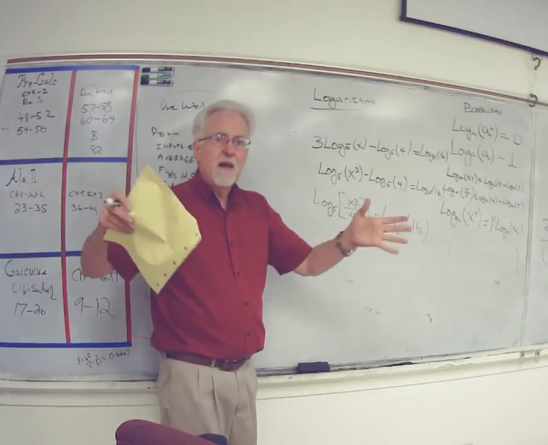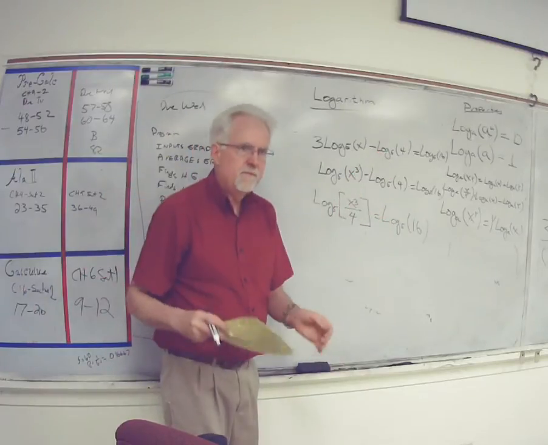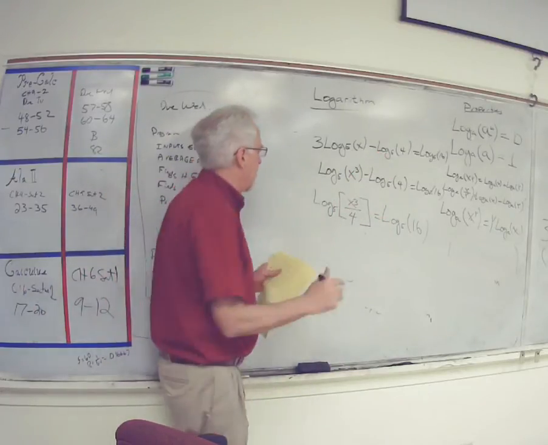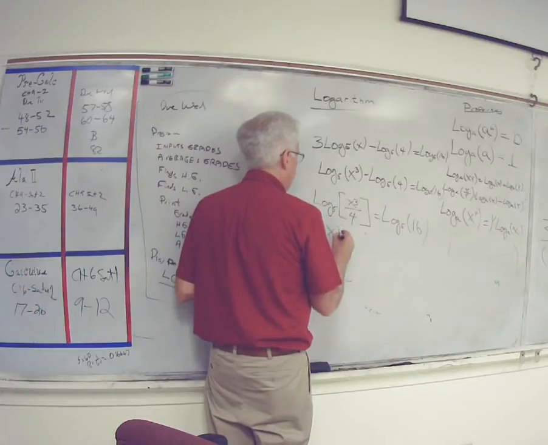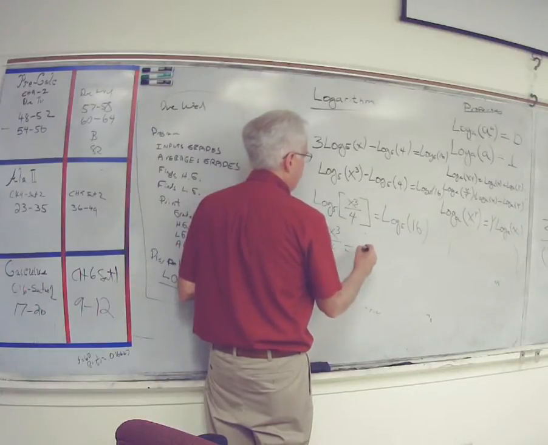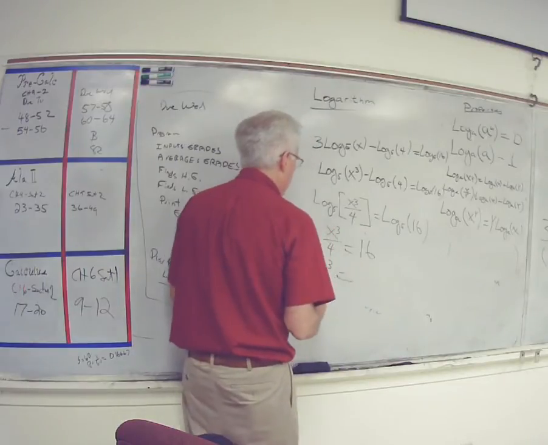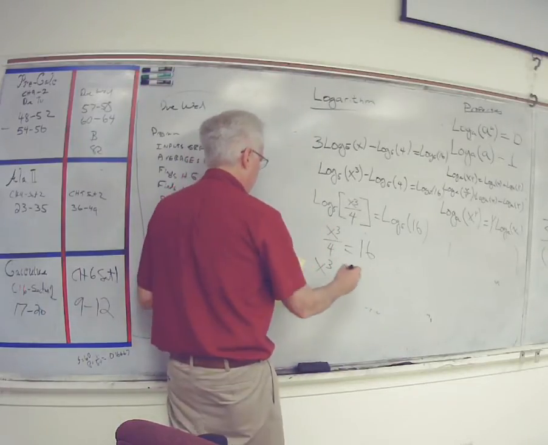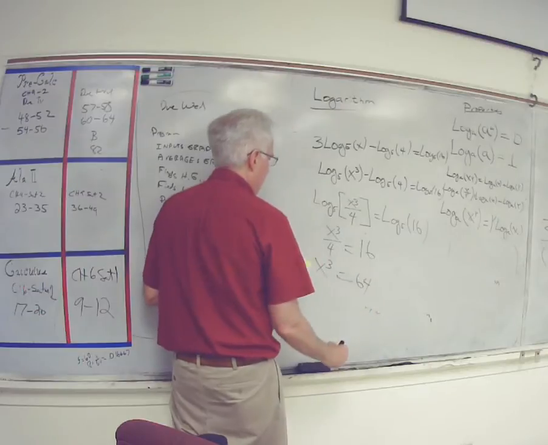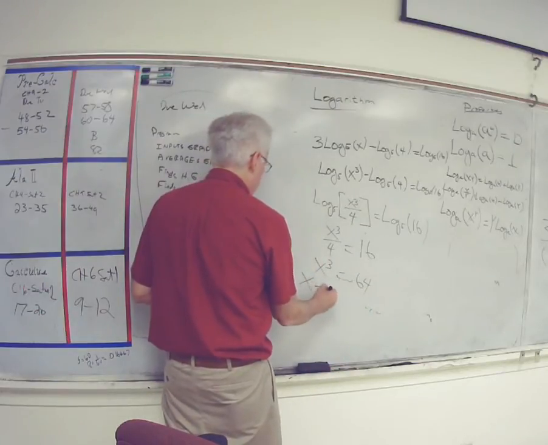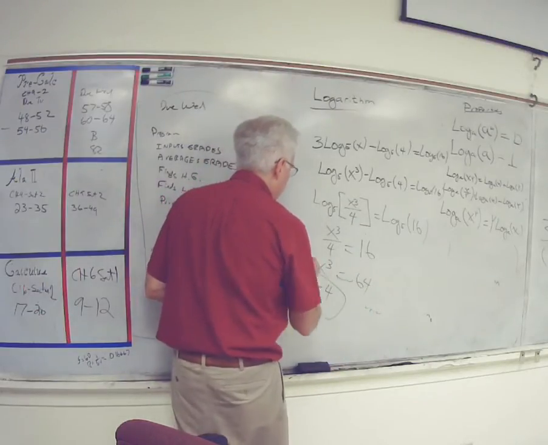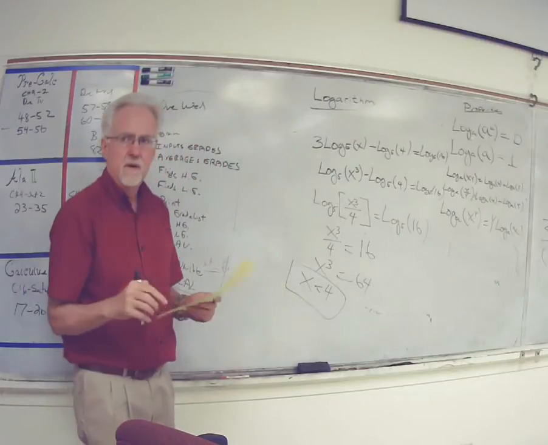You can drop them now because you have just log of something and log of something. Then you can drop it. So then you have x cubed over 4 is equal to 16. So x cubed is equal to what? 16 times 4, 64, right? And x is equal to 4, because 4 times 4 times 4 is 64.